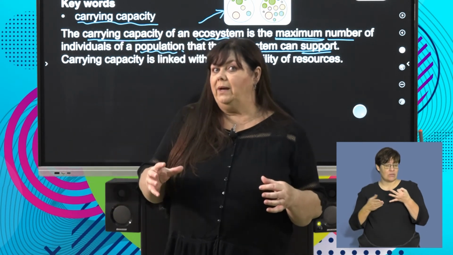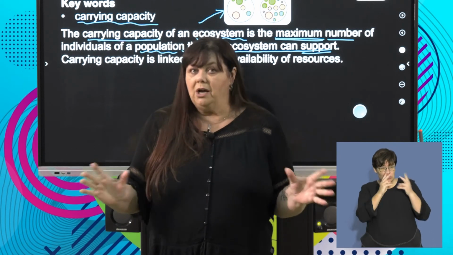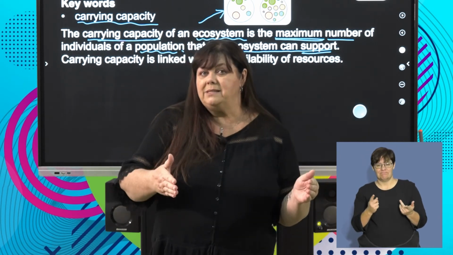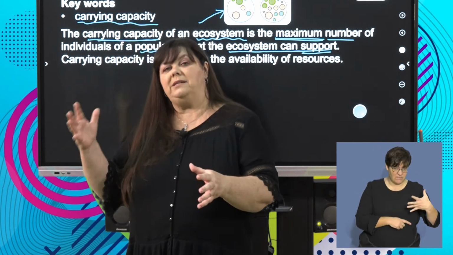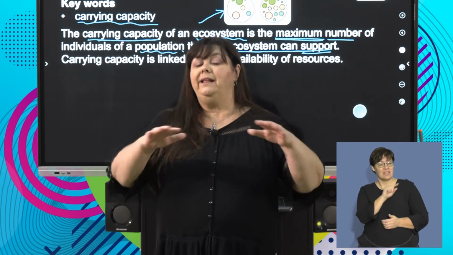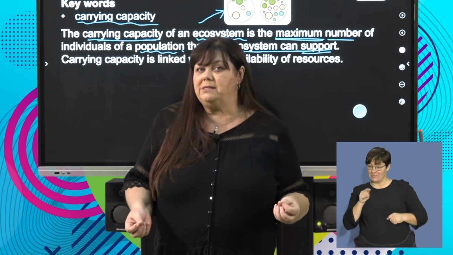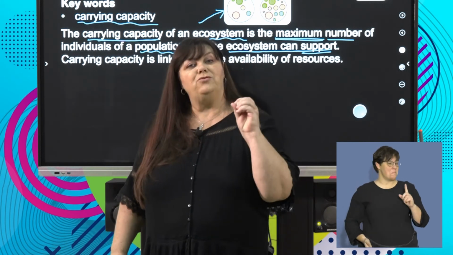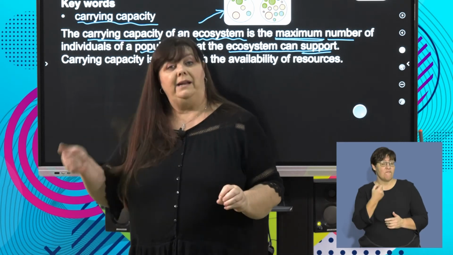Introduce another one and another one. It's like me and my suitcases. It's not going to work. The trees are not going to support an increasing population of elephant. And we say that that particular area, that ecosystem, has reached its carrying capacity for elephant.